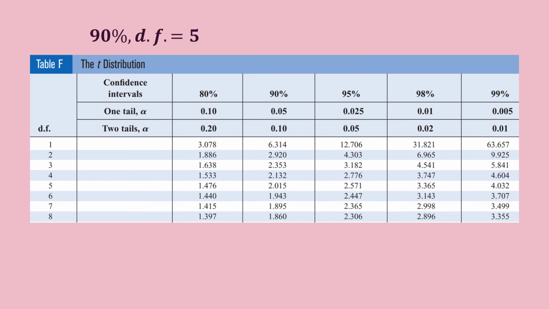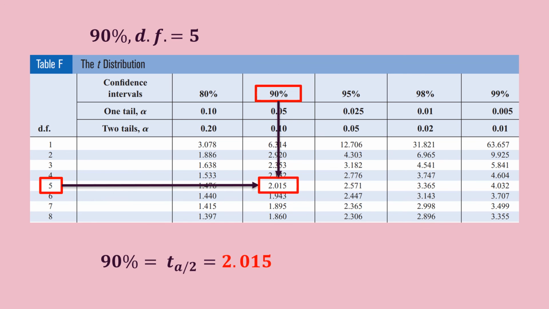We have 90% and degrees of freedom of 5. So we look at table F, the t distribution table. We look for 90% and degrees of freedom 5, and their intersection is 2.015. Therefore, our t sub alpha over 2 is 2.015.